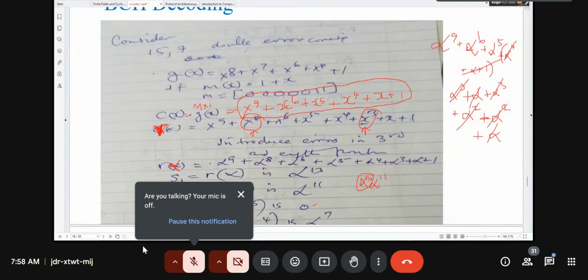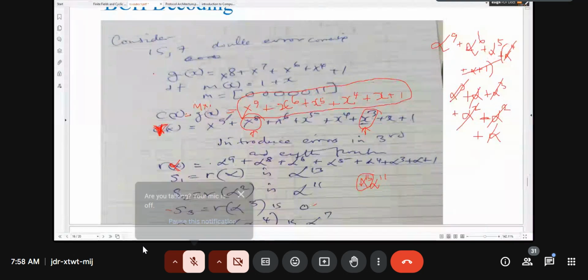What you mean by that is, in these ones, you replace x with alpha squared. For alpha to the power of 3, replace x with alpha to the power of 3.